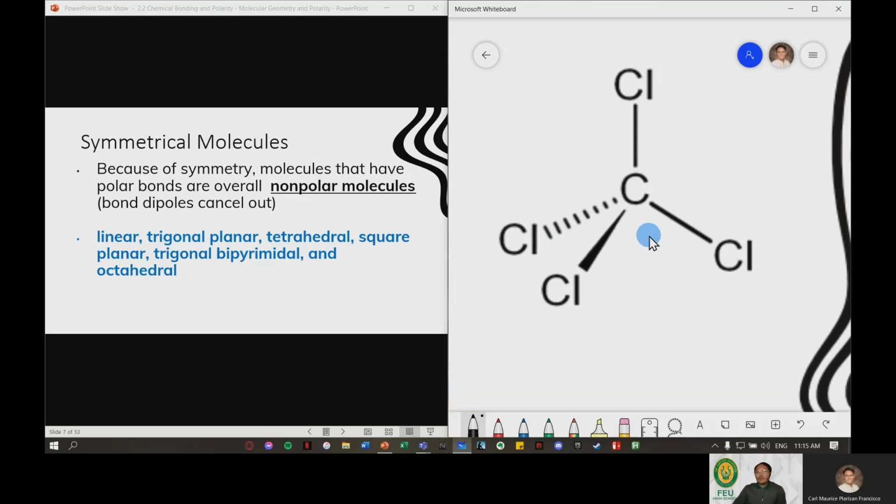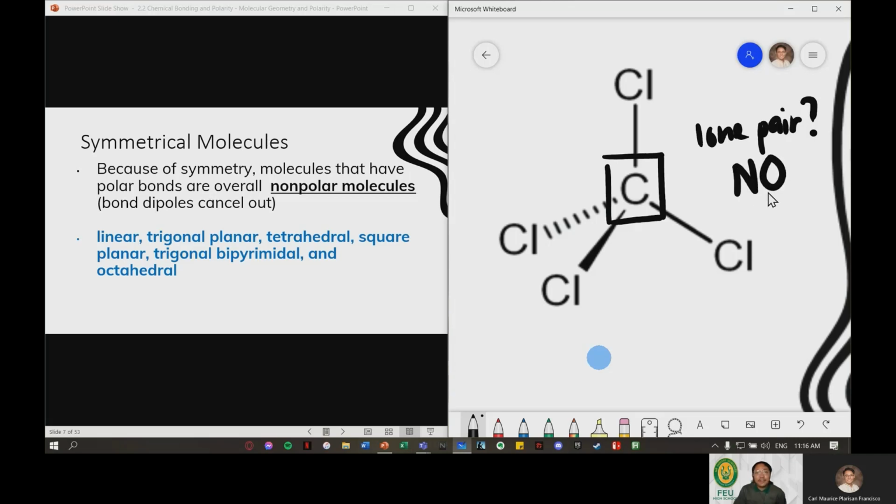Now, how do I identify symmetry? We start with looking at the central atom. The central atom carbon, check if it has lone pair. Carbon doesn't have any lone pair. No lone pair. Second thing to check.